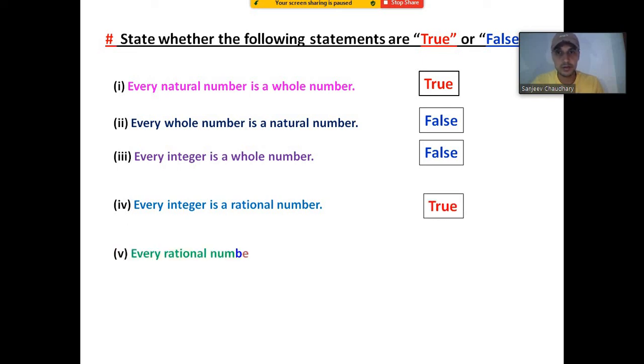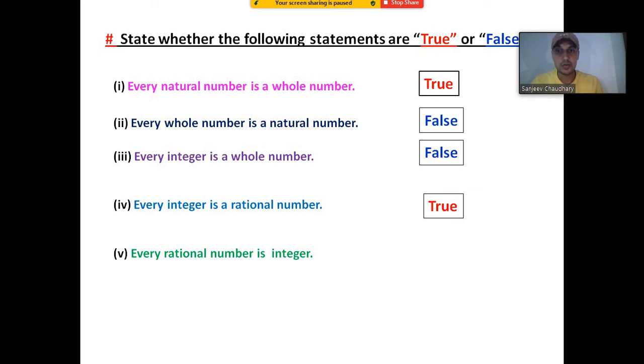Next, every rational number is an integer. Now try to understand every rational number. What is the definition of a rational number? Any number that can be written in the form of P upon Q, fraction. And we know that all positive and negative whole numbers are called integers. So we can write a rational number in the form of P upon Q, but we can't write every rational number as an integer.